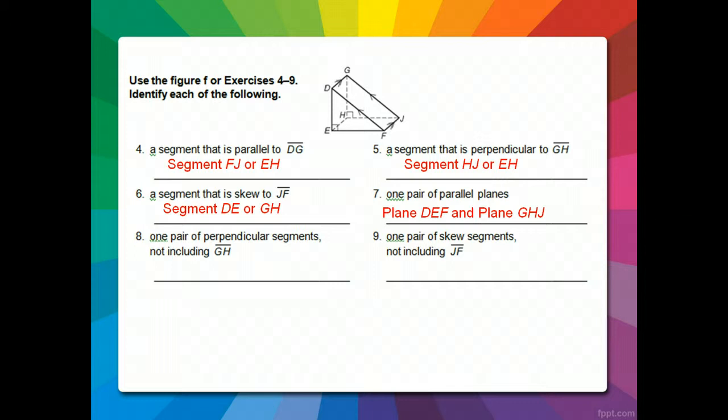One pair of perpendicular segments, not including GH, would be segment DE and EH, or DE and EF. One pair of skew segments that doesn't include JF. We could use DG and EF.